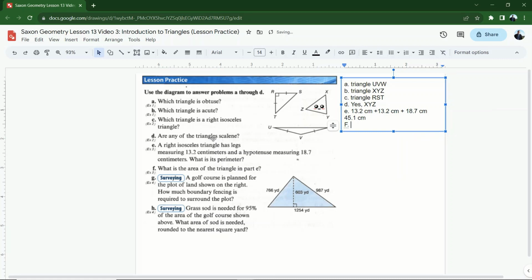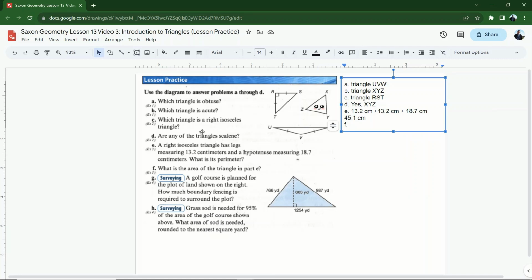Letter F, what is the area of the triangle in part E? This is a much harder question that requires a calculator. For this one, I have to think about my triangle, and I have to think about what sides are the legs and where is the altitude of this triangle. Well, if I use the hypotenuse as the base, that is going to make this really hard, because I need to figure out a side length that is perpendicular to the hypotenuse.